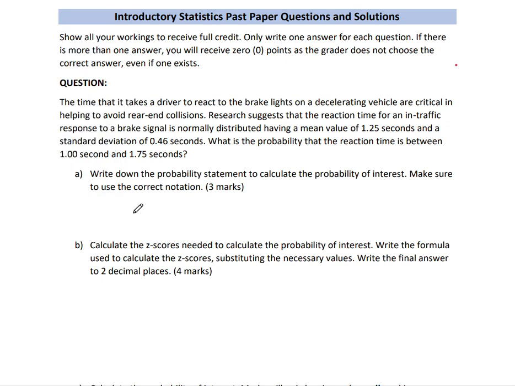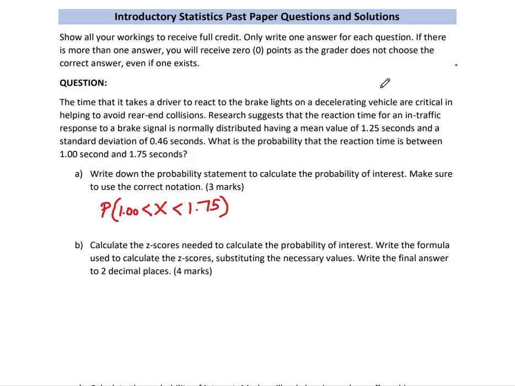Let's address this question. Because we're asked to find the probability that the reaction time is between 1 second and 1.75 seconds, the probability statement would simply be the probability that x is greater than 1.00 but less than 1.75, both in seconds. That's the probability statement.